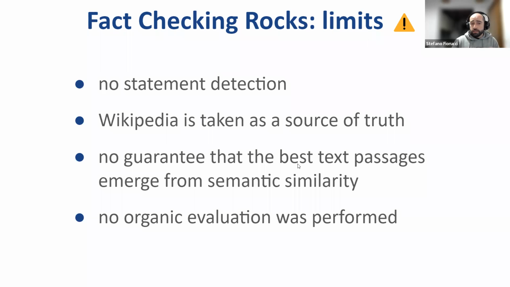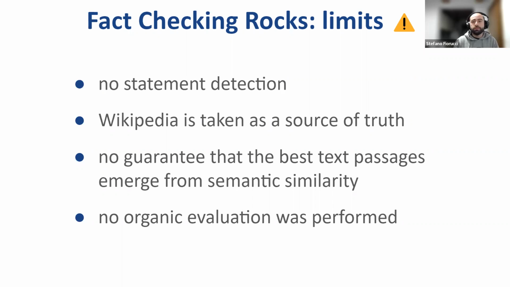Several papers and even my experiment show a general effectiveness of dense retrieval in providing textual passages for evaluating the user statement. However, there might be cases in which the most similar textual passages don't provide useful information for fact-checking purposes.